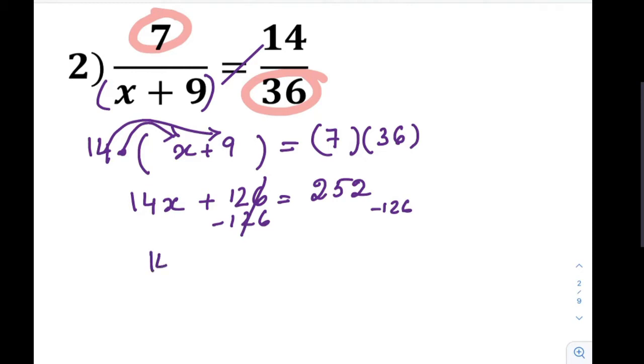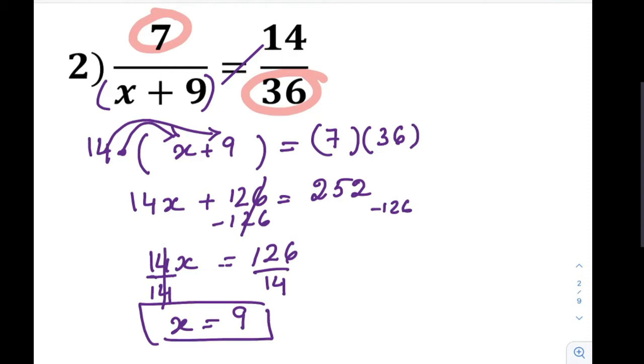It ends up with 14x equals 252 minus 126, which is 126. And then we will divide both sides by 14. نقسم الطرفين على 14. So we'll divide by 14 and x is 9.